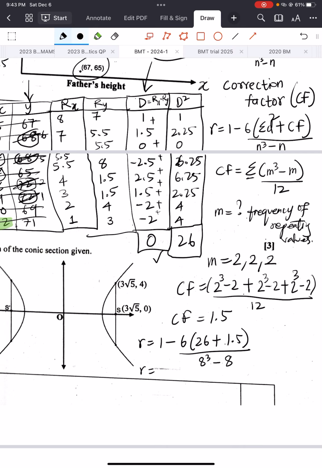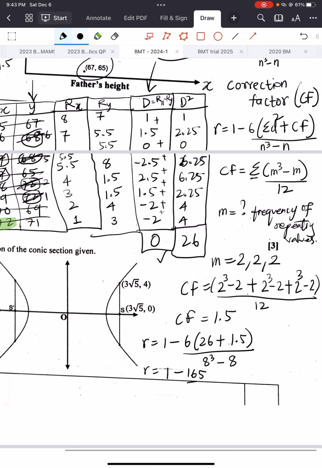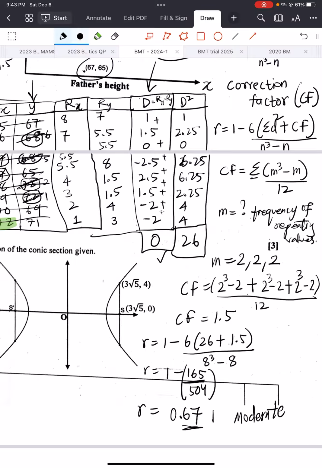So first find 6 times, bracket open, 26 plus 1.5, so it's 165, divided by 8 cubed minus 8, which is 504. Put the fraction in brackets and directly put the values, you are getting 0.67. Since this is more than 0.5 but less than 0.7, it is moderate. The sign is positive, so positive moderate correlation.